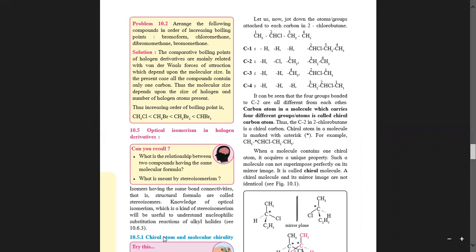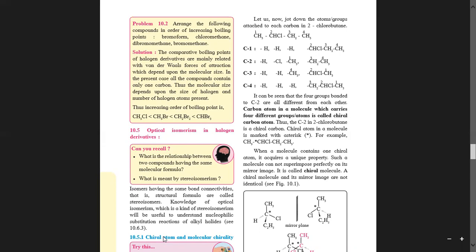So carbon number 2 is bonded to 4 different groups, and this type of carbon is called a chiral carbon. The definition of chiral carbon or asymmetric carbon is the carbon atom in the molecule which is bonded to 4 different groups.